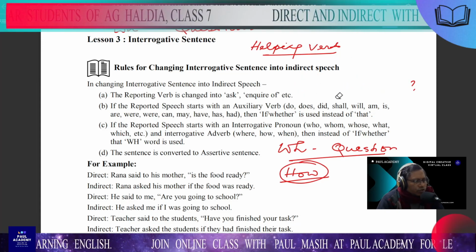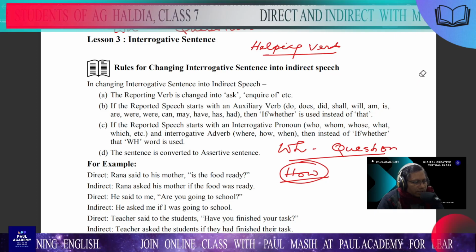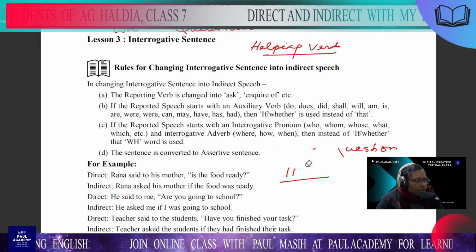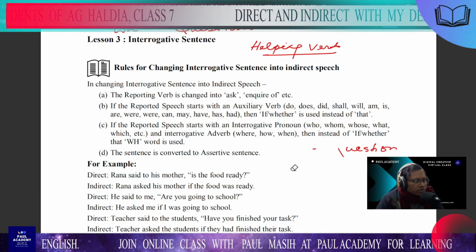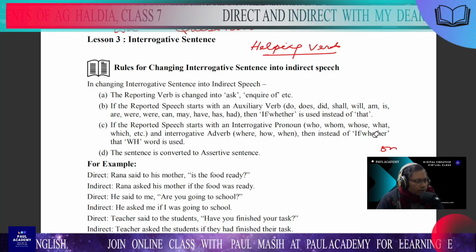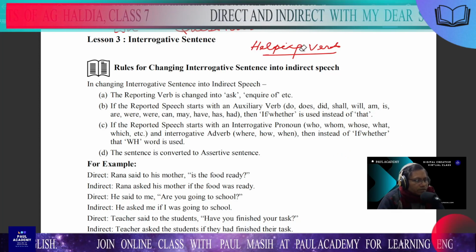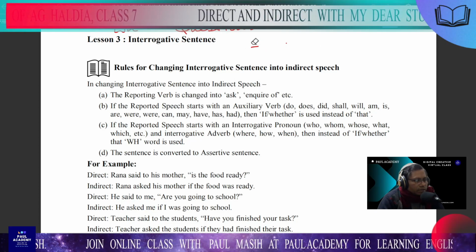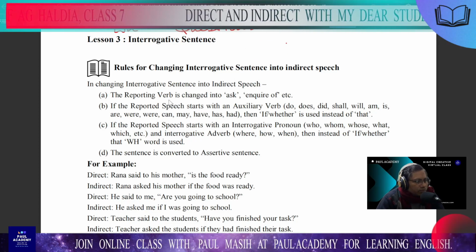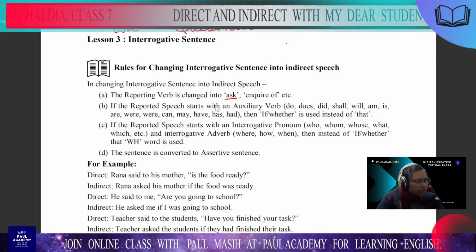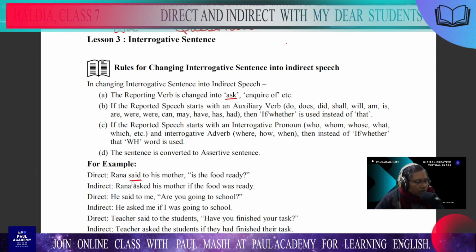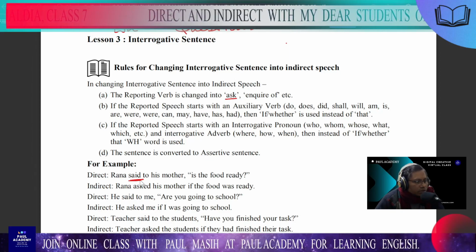Now, rules for changing interrogative sentences into indirect speech. Number one, the reporting verb is changed into ask. That is very, very important. What is the reporting verb? Reporting verb means the verb that is outside the inverted commas.